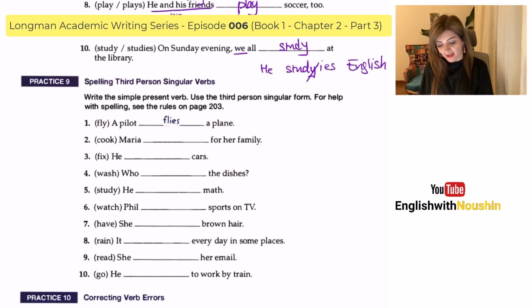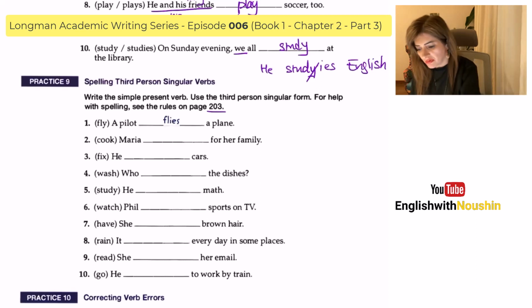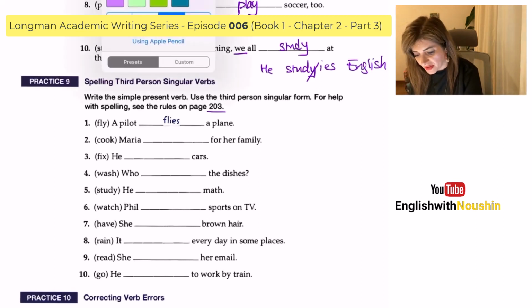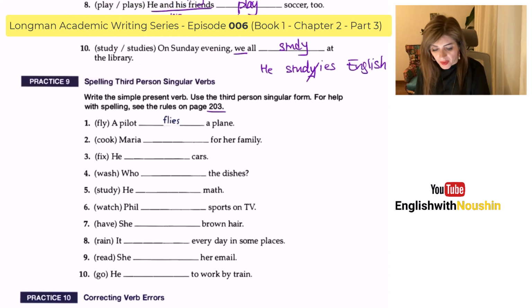Practice number 9. It says, write the simple present verb. Use the third person singular form for help with spelling. You can go to page 203. I think we don't need it, right? Maybe we can just remind ourselves over here. Remember, we have base plus S. For example, speak.